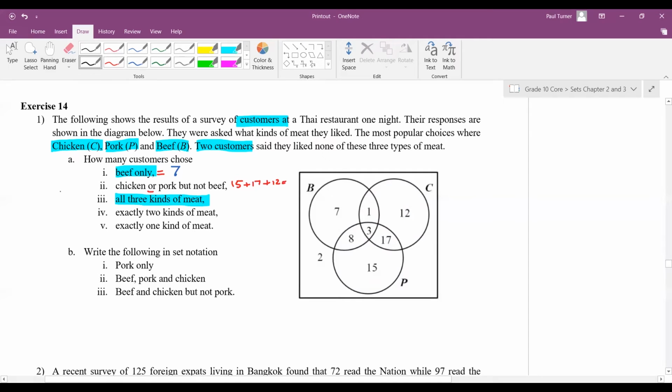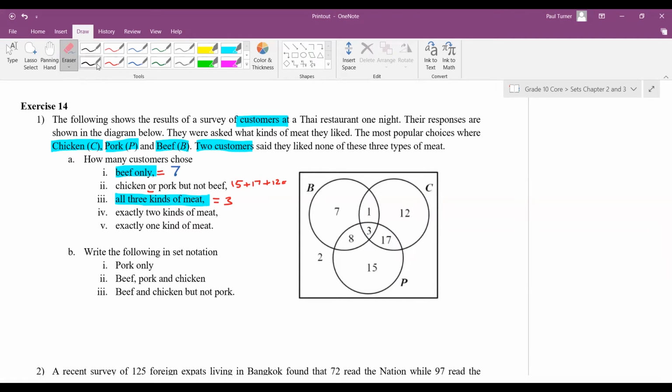Anyone else? 3, thank you. So that would be in here, wouldn't it? All three kinds, so you're in the intersection of all three. I'll put that in green, but it's going to be erased anyway. Let's just write the answer 3 here. So all three is all three. I didn't exclude any there at all.